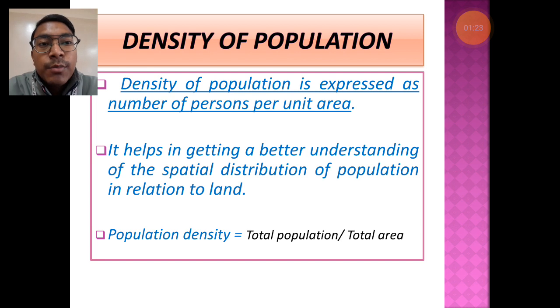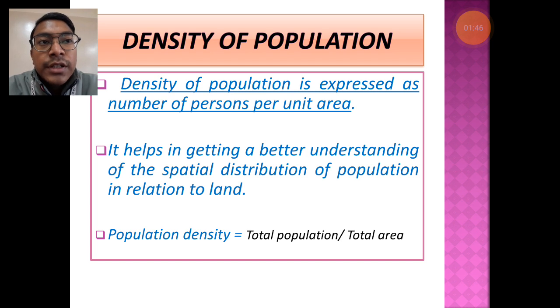The density of population helps in getting a better understanding of the spatial distribution of population in relation to land. So it helps us to get better information about the man-land ratio, about the distribution of population in relation to the land.